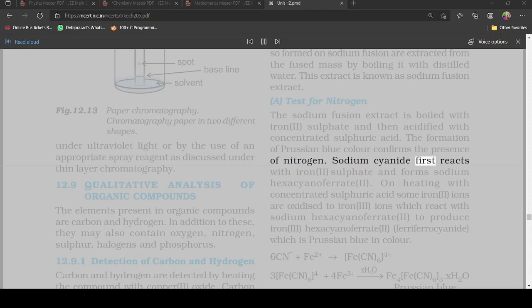Sodium cyanide first reacts with iron(II) sulfate and forms sodium hexacyanoferrate(II).